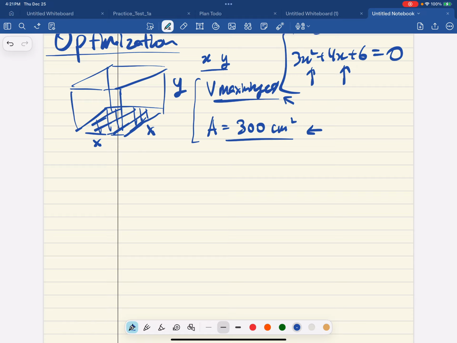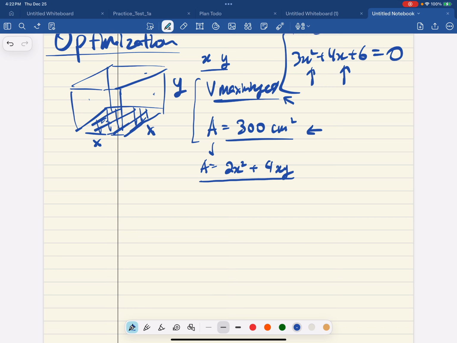The area means 2x squared plus 4 times xy, because xy is like the walls, and x squared is the base, but there are 2 of those, so area is equal to 2x squared plus 4xy.